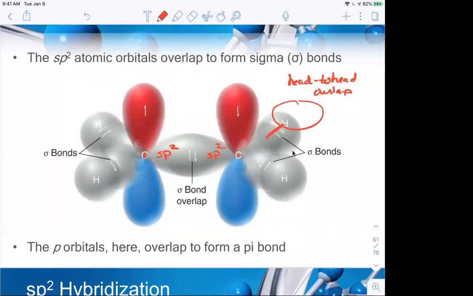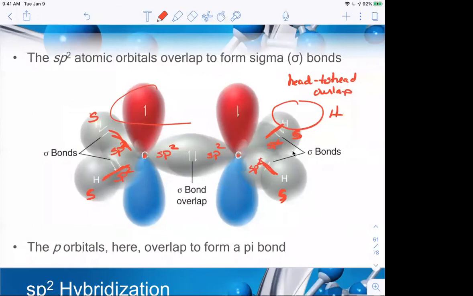This is a sigma bond to hydrogen. This is another sigma bond to hydrogen. So each of these is going to be sp2 to the S on hydrogen.